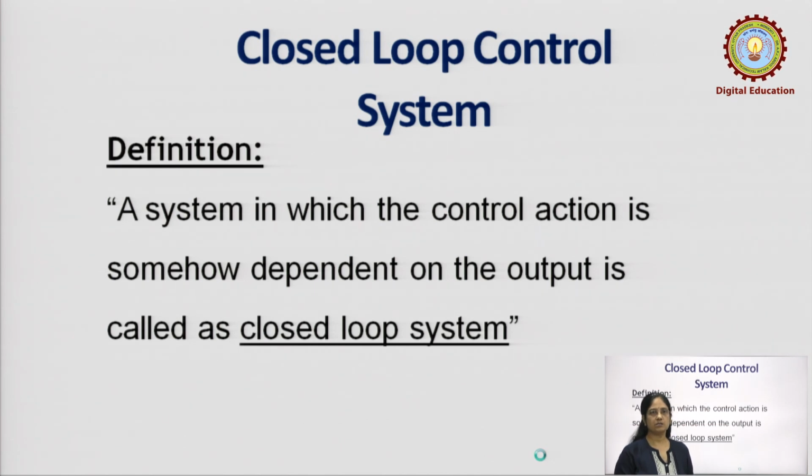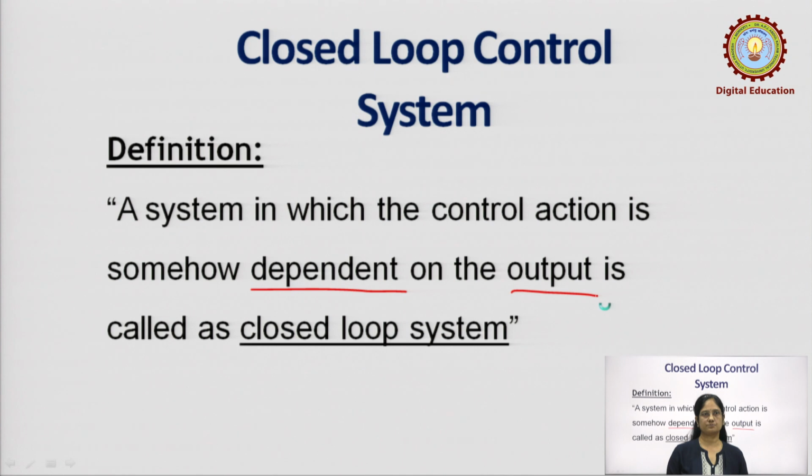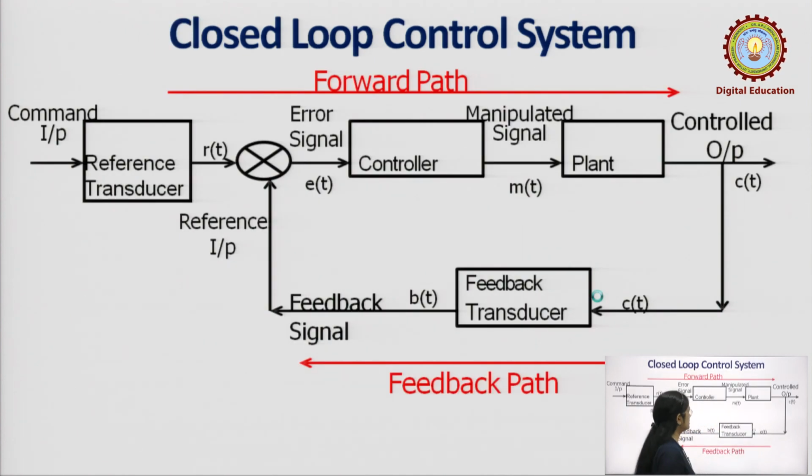Now, let us see what a closed loop control system is. It is a system in which the control action is somehow dependent on the output. So, if the process is being controlled, then it becomes a closed loop control system. We can see in the block diagram here, there is a reference transducer on the input side.